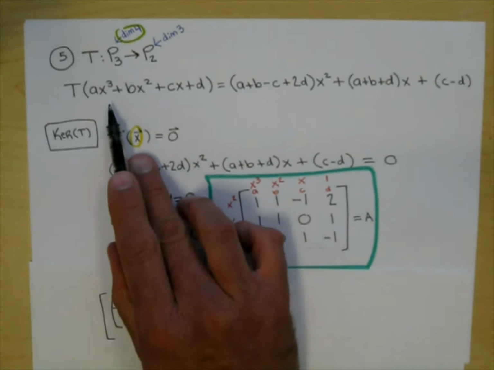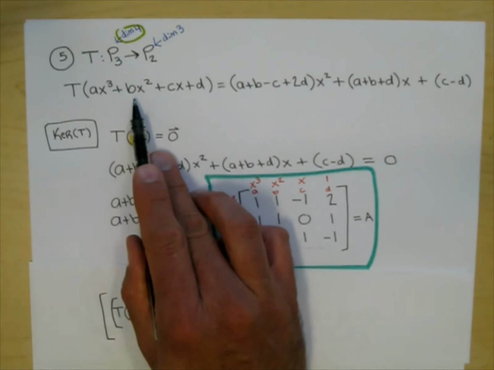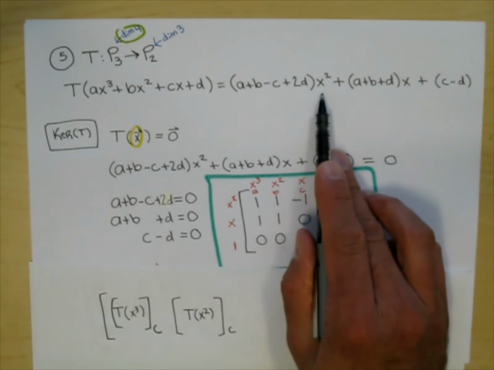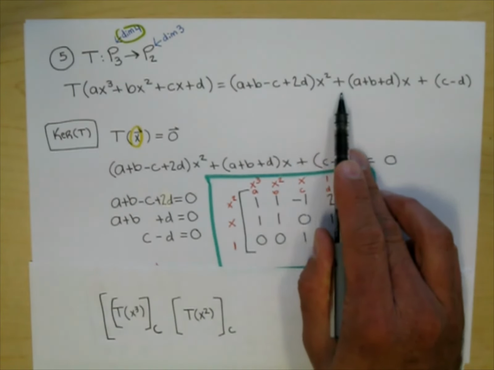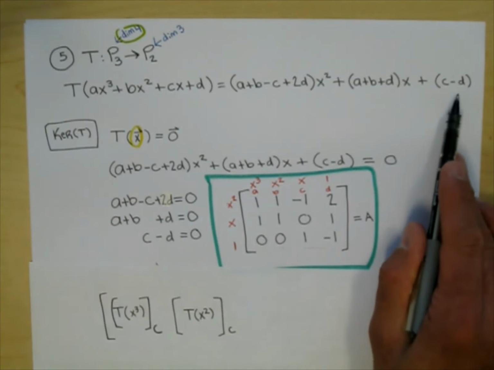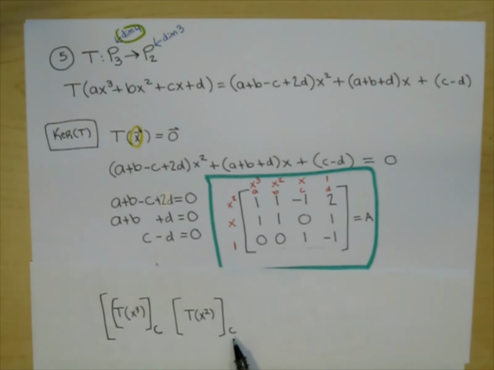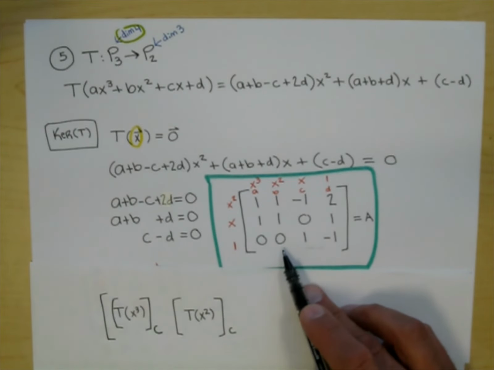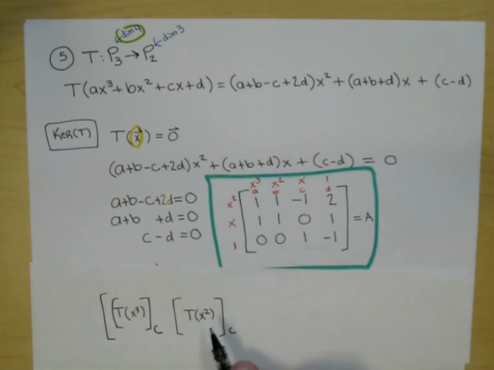T of x squared, that's where b is 1 and all the other ones are 0. And so you end up getting x squared plus x plus 0. So 1x squared plus 1x plus 0, the component vector would then just be 1, 1, 0. And so that's what that gives.